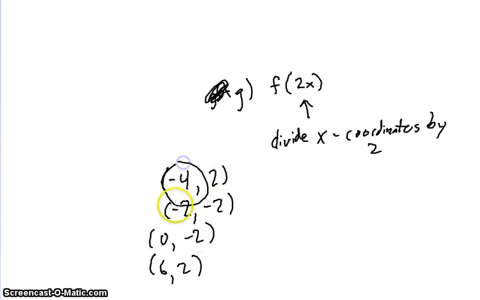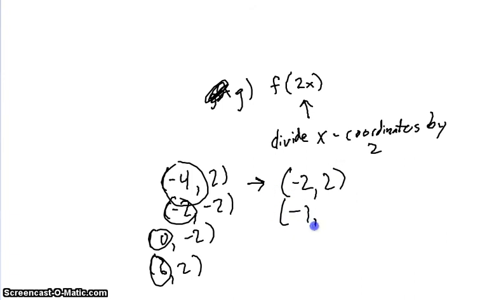You have to divide all of these by 2, and those will be your new x-coordinates. So it'll go to negative 2 comma 2, negative 1 comma negative 2, 0 comma negative 2, and 3 comma 2.